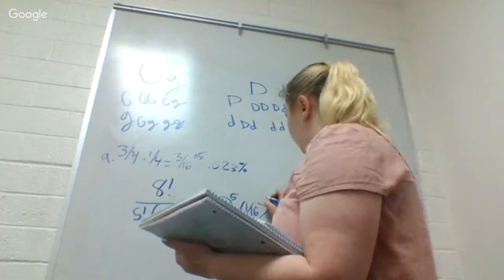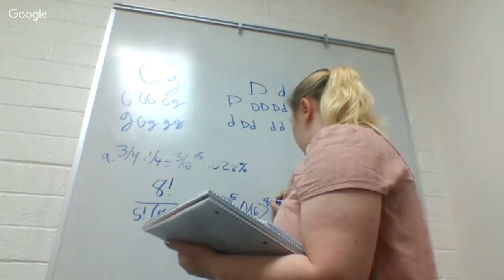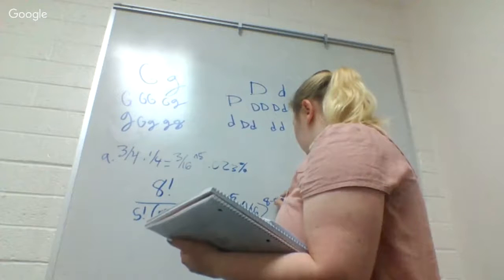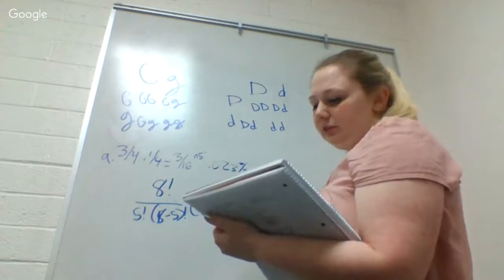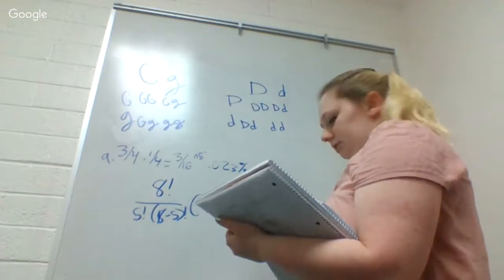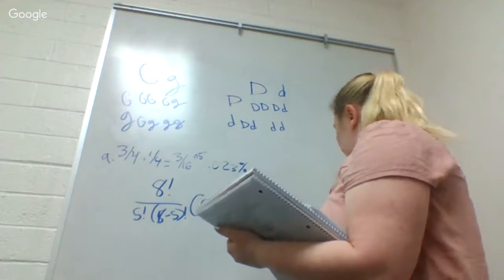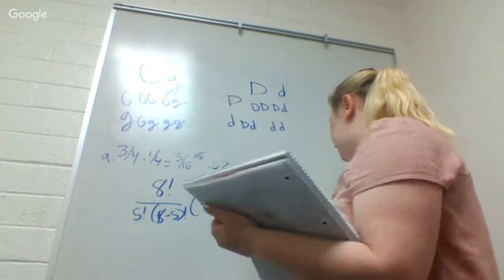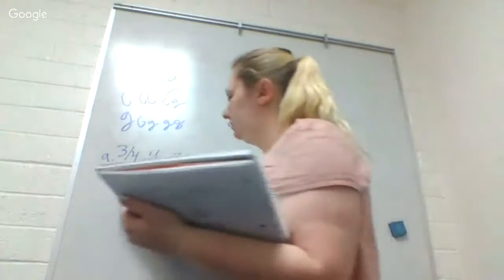And so for that, we're going to put in N, or 8 minus 5 up here. And so for this, it'll give us 0.00077 for an answer, and that's for B.